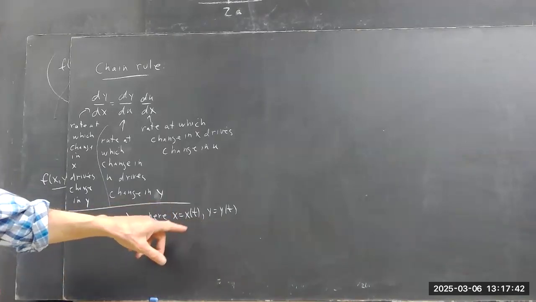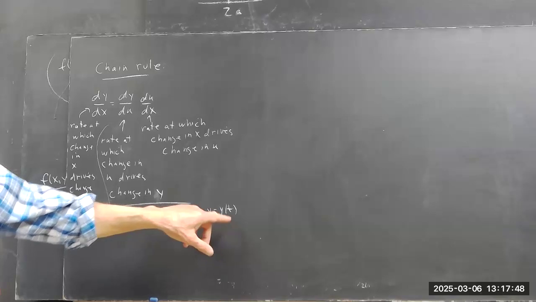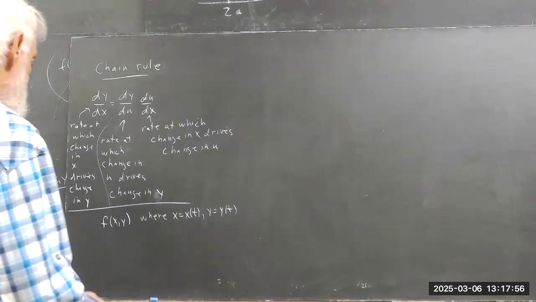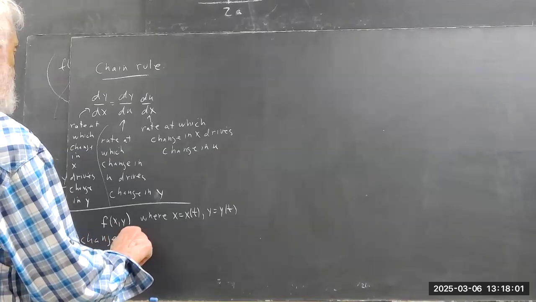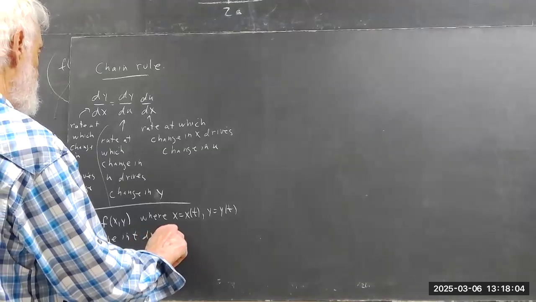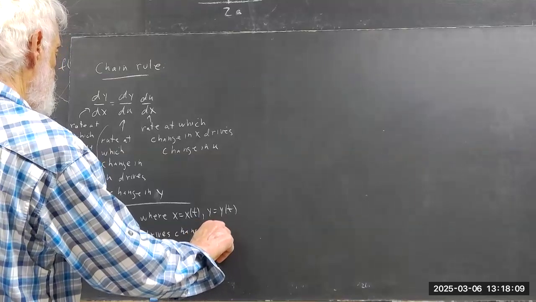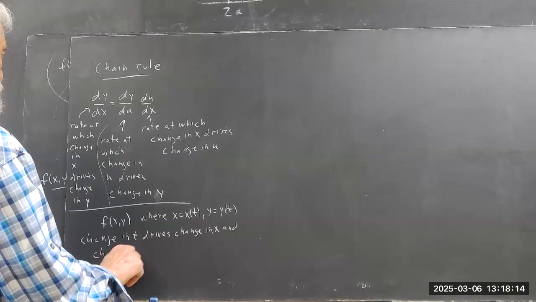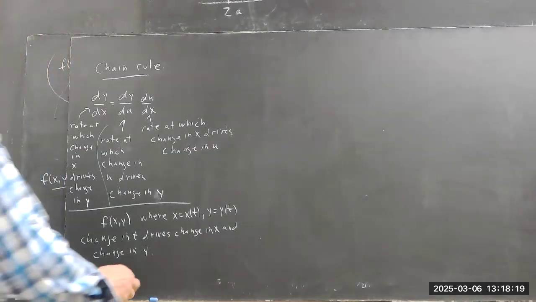That means x is changing by twice as many units as t does, and y is changing by 3 times as many. What change do you get in f? A change in t drives a change in x and a change in y.